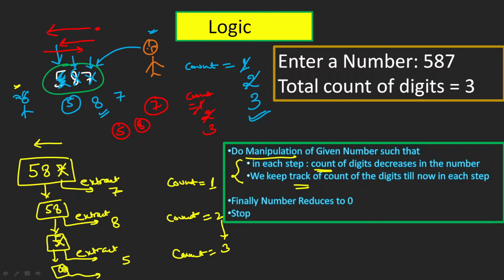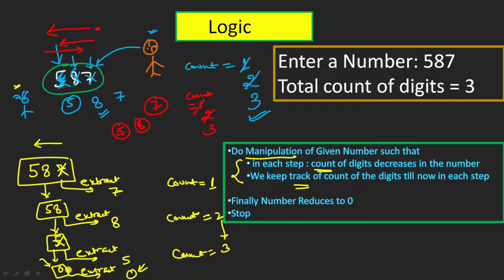As soon as this number becomes 0, if you do any operation on it, even the extract operation, as we will see, it will come out as 0. So before increasing the count, you have to check whether this number, this extracted digit, is not 0.